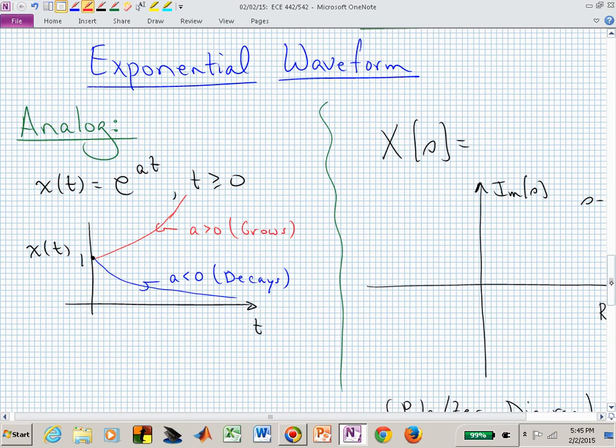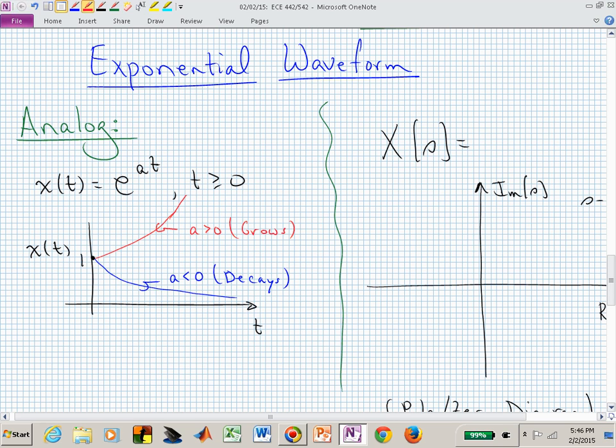What about this exponential waveform, e to the AT? We talked about this at the very end of last lecture, but whether A is positive or negative influences the shape of that exponential in the analog case. If A is negative, then we have this exponential decay, e to the minus 6t, or e to the minus t, e to the minus 3t.